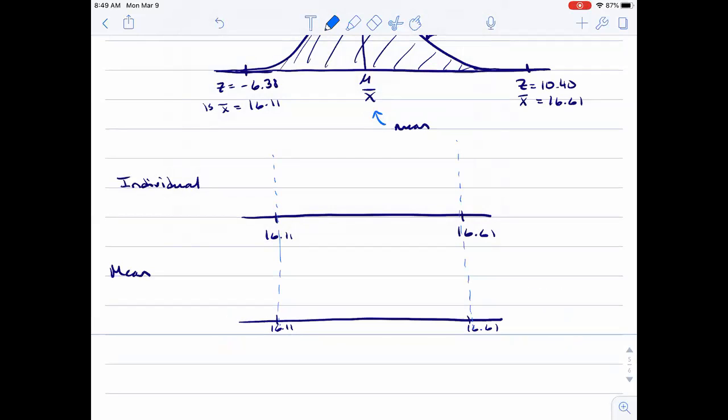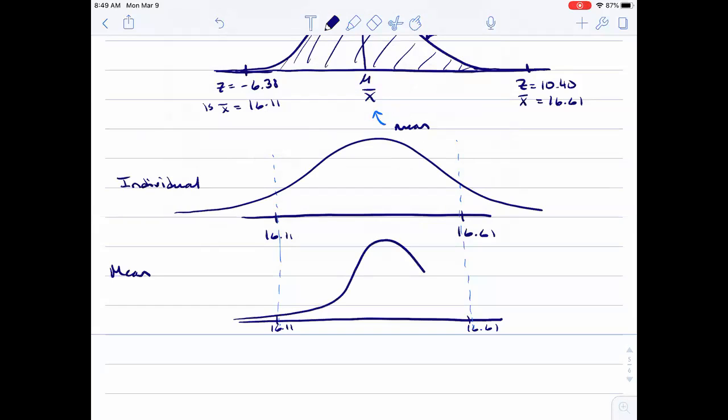An individual has more room on the outsides of this thing. Whereas the mean, I want most of my distribution to be taken care of already, because they're smushed more together.